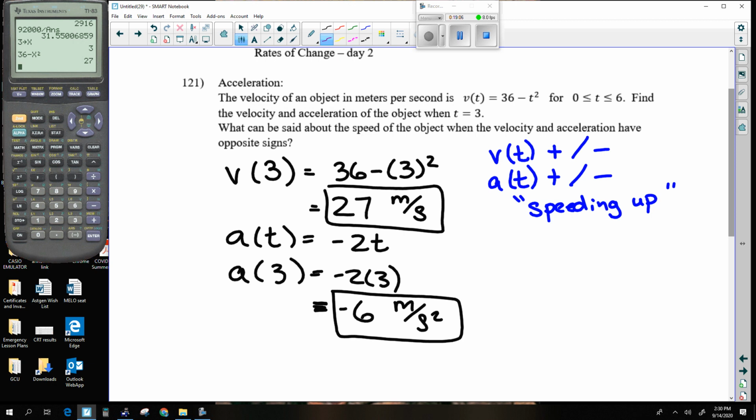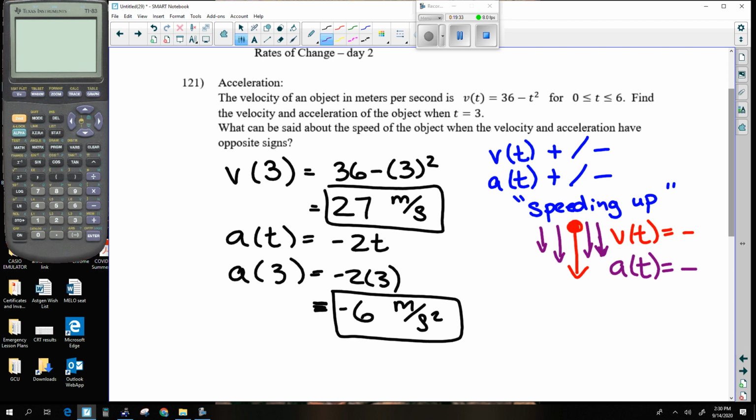Now let's take that ball and drop it from a height. It's moving downwards, which means its velocity is negative. What forces are acting on that ball? Again, gravity, and gravity is downwards. So the acceleration is also going downwards.